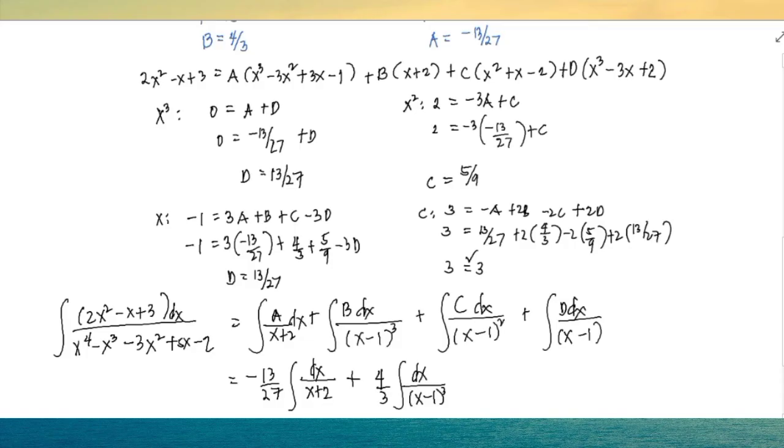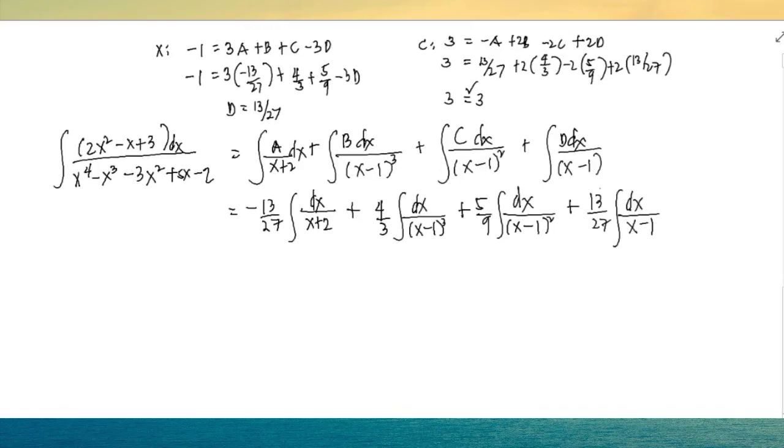And c is 5 over 9, so plus 5 over 9 integral of dx over x minus 1 square. And d is 13 over 27, so we have here 13 over 27 integral of dx over x minus 1. So, integrate natin to.